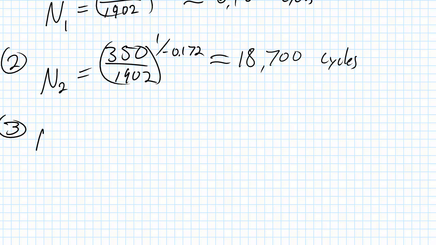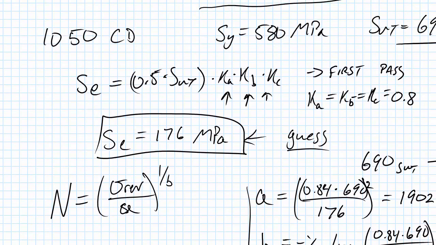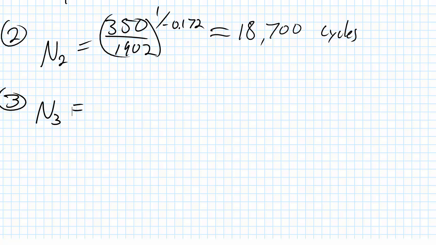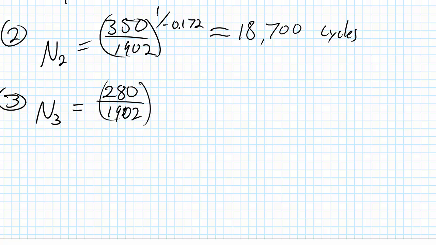And finally do the same thing for N3, which was 280 megapascals over 1,902 raised to the 1 over negative 0.172. Approximately 68,000 cycles.